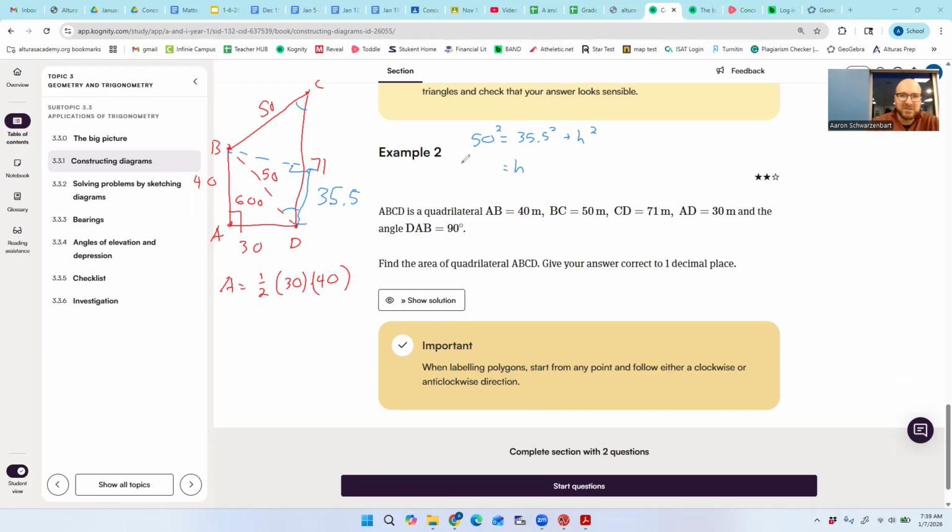So I get H equals 35.2. My second area is 1/2. Base is 71. Height is this 35.2 that I just found. So we'll call this A1, A2.